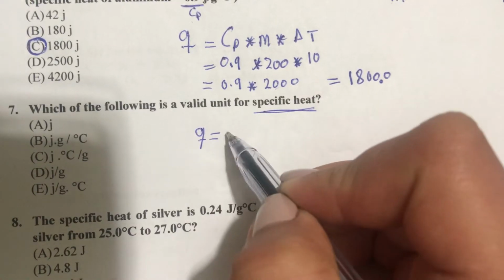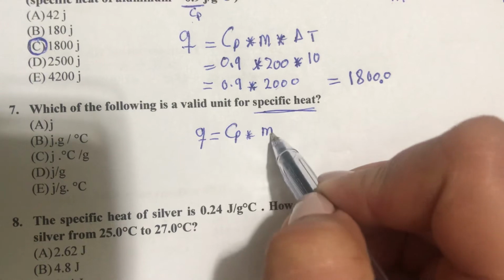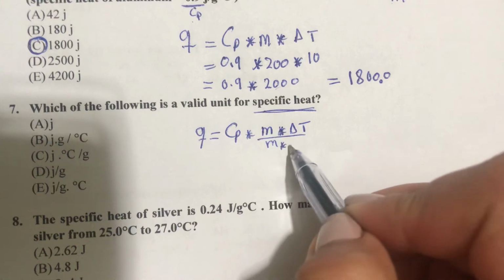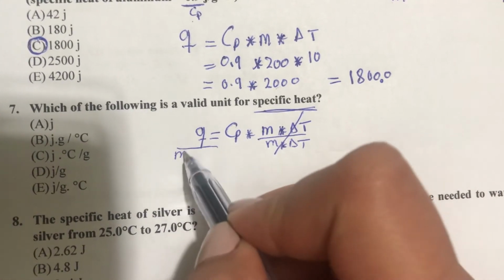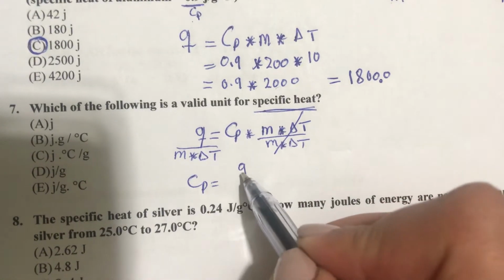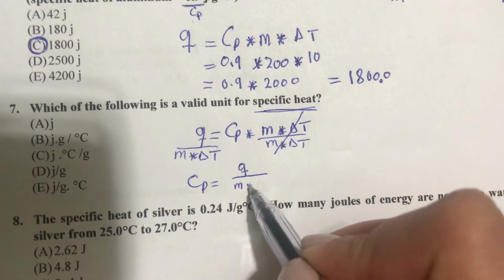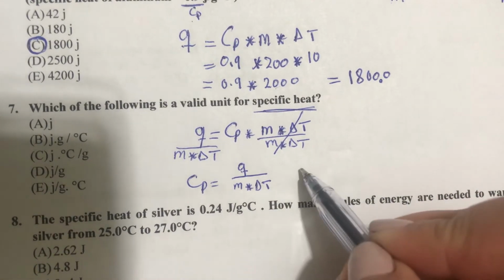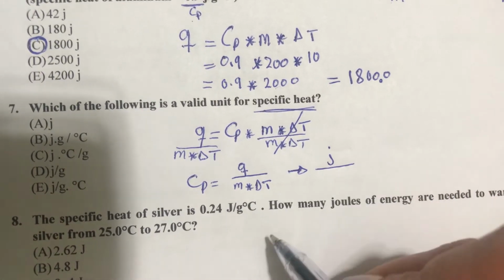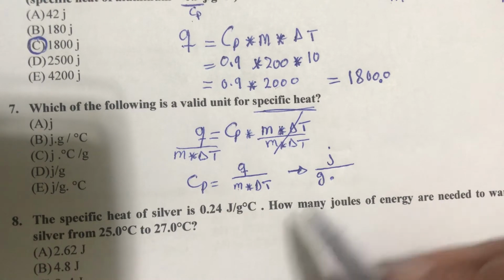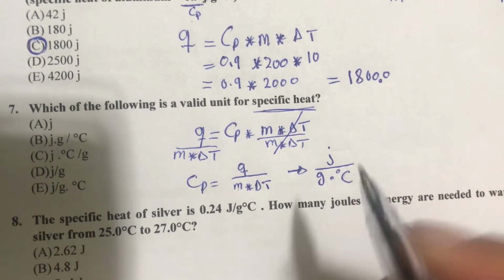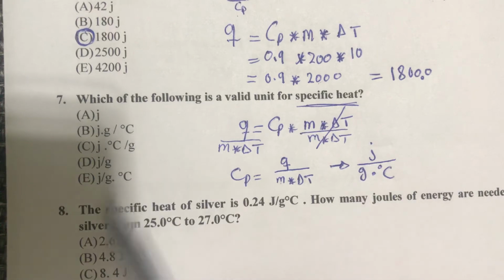Energy as heat equals specific heat times mass times delta T. So specific heat equals energy over mass times delta T. So the units are joule for energy over gram for mass times Celsius or Kelvin for temperature. Here in all the examples you have Celsius.